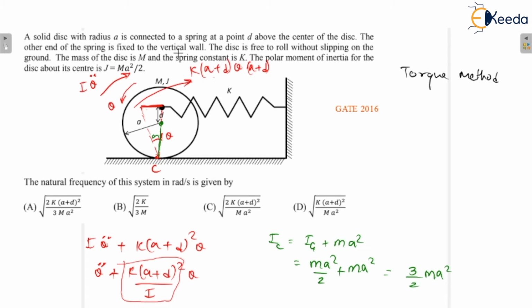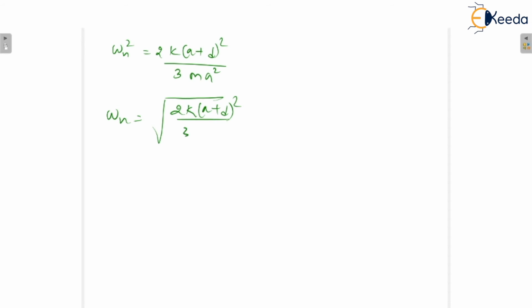So omega n square is equal to k times a plus d whole square upon I. And what is I? 3 by 2 ma square. So omega n would be equal to the square root of 2k a plus d whole square upon 3 ma square.